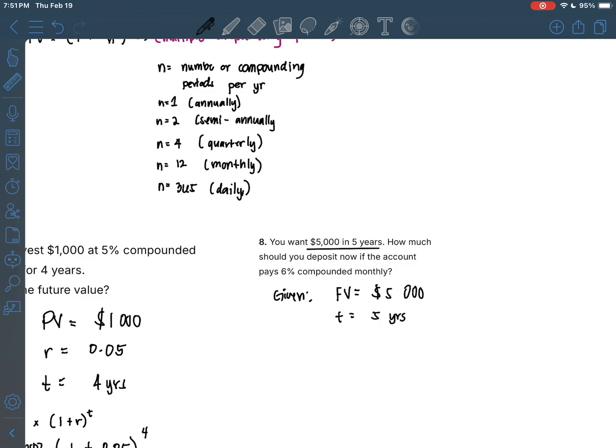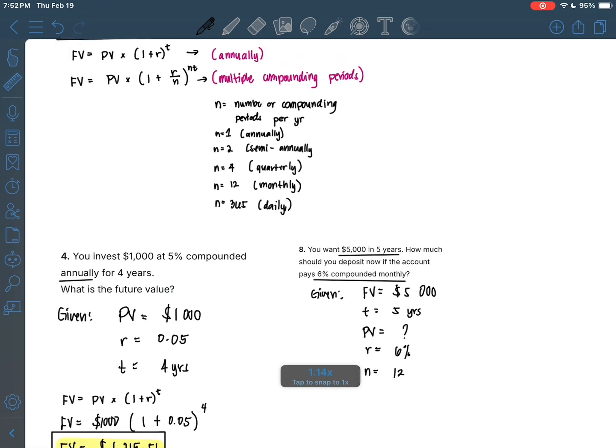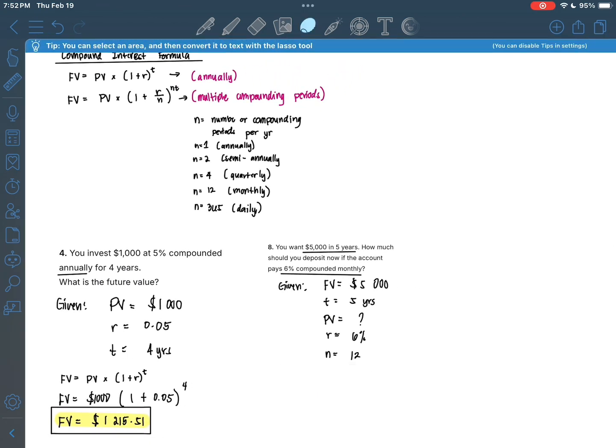How much should you deposit? How much would be your principal value if the account pays 6% compounded monthly? Since it's monthly, how many months are there in 1 year? That's 12, right? So we can use the second formula that we have here.